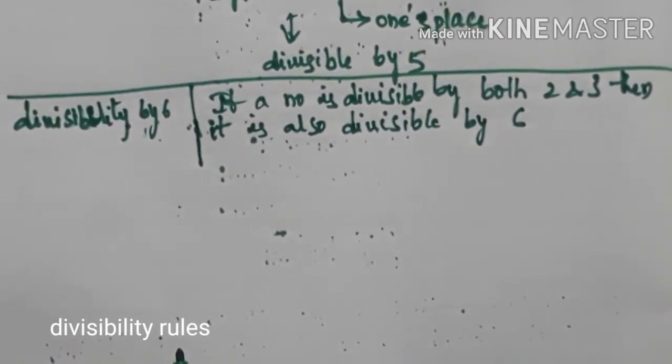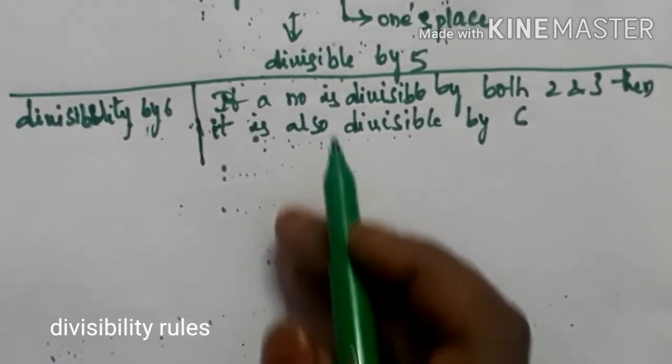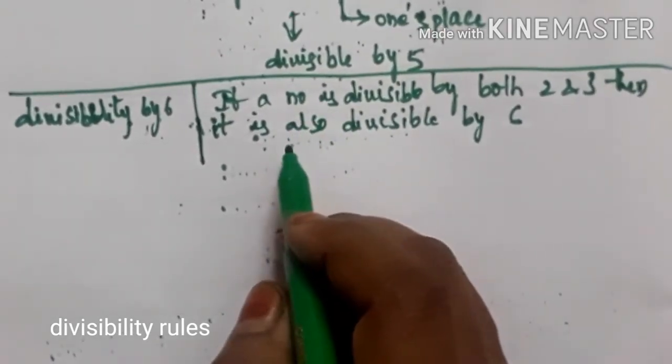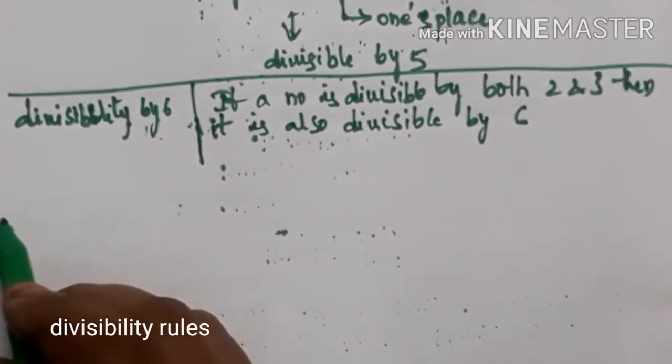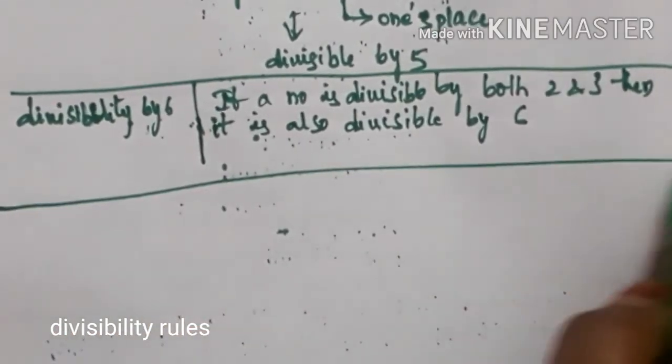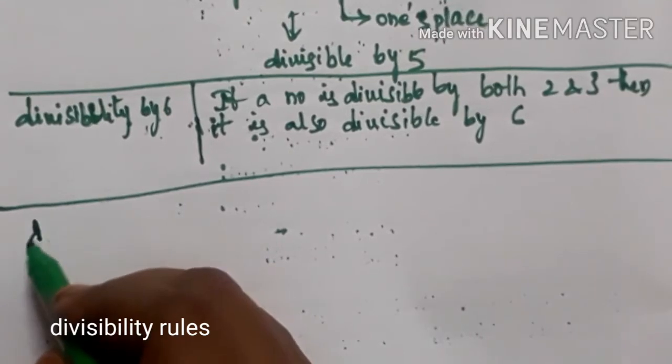Now we will see the divisibility rule of 8, that is divisibility by 8.